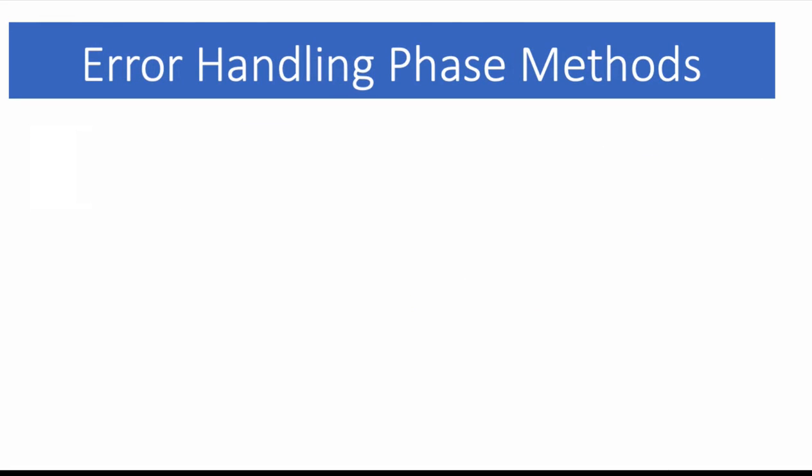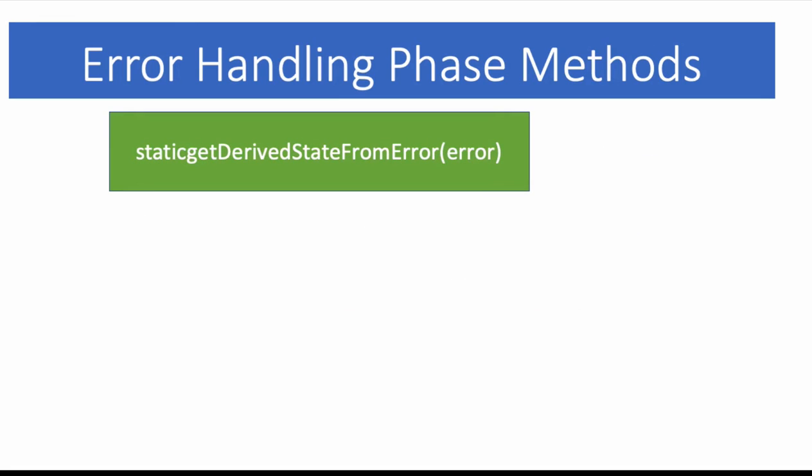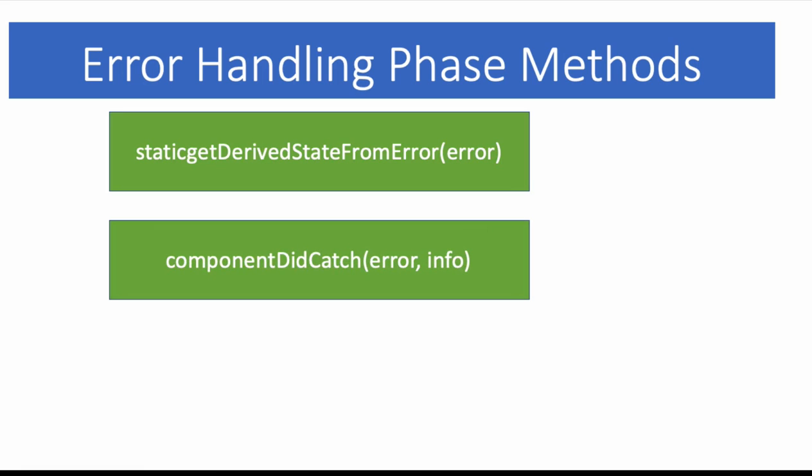The last is the error handling phase. This phase has two methods. It has a static getDerivedStateFromError method, and it has the componentDidCatch method. The first method has one parameter, error, and the second one has two parameters, which are error and info.